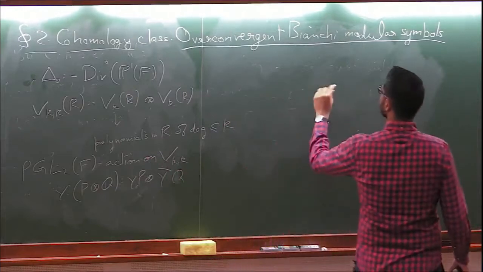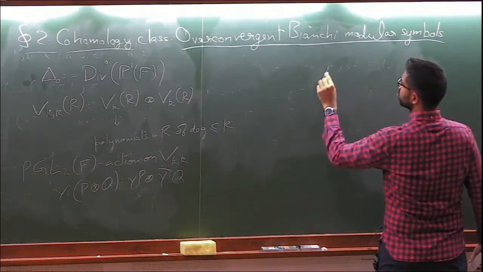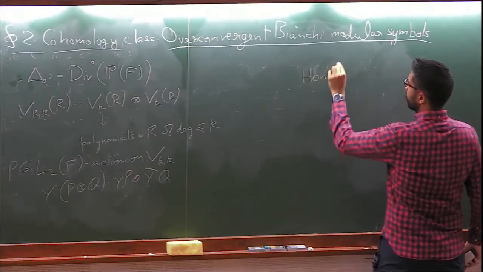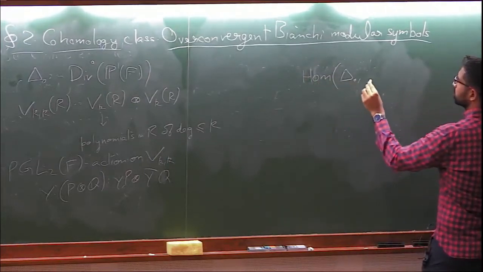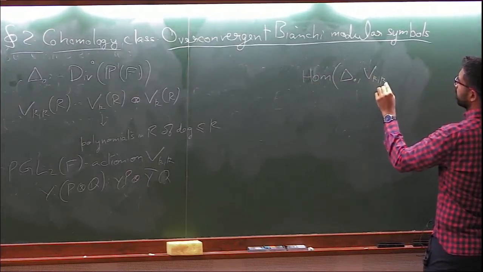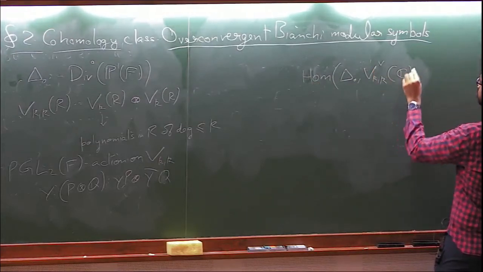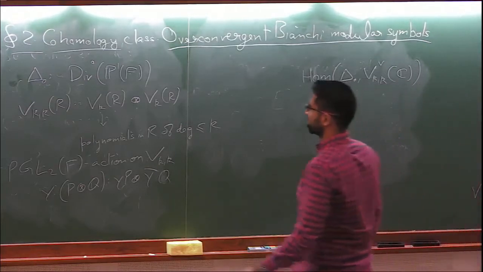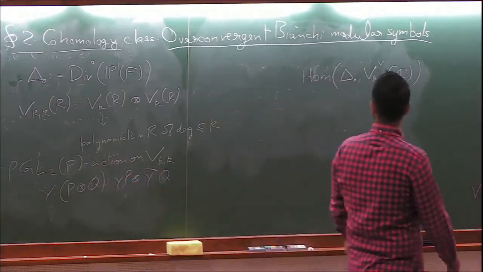So I can form this set, Hom from Delta naught to V_{k,k} dual, with coefficients in C. C is an F-algebra, obviously. You can make sense of this action.